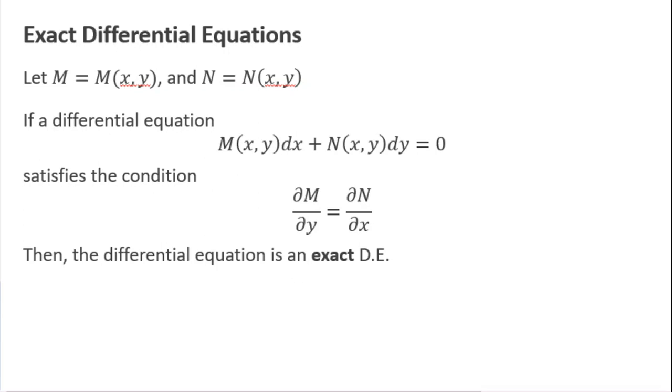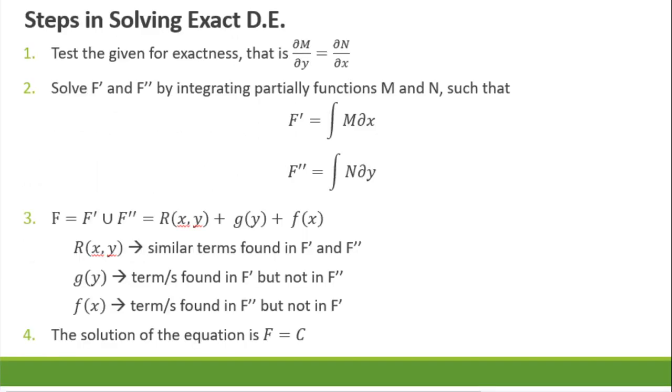Okay? So assuming that you have proven that this differential equation is an exact differential equation, how would you solve for the solution? So the steps in solving exact differential equation: we have the first step, which we have already discussed a while ago, to test the exactness. And the next part is the important part because it will be the solution for the differential equation.